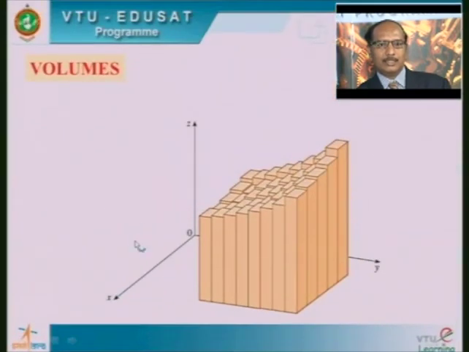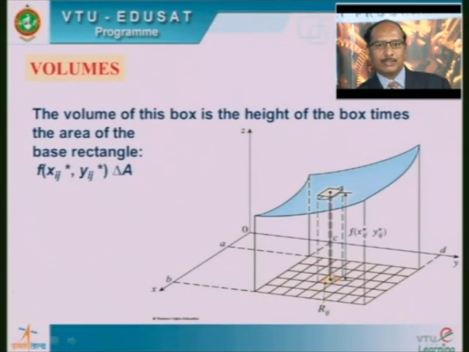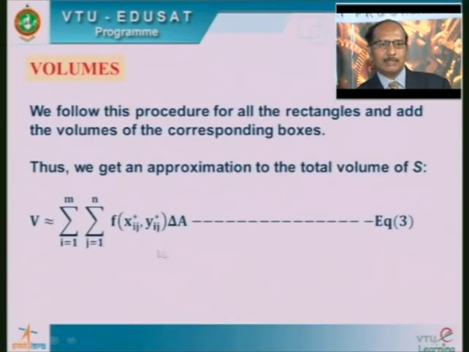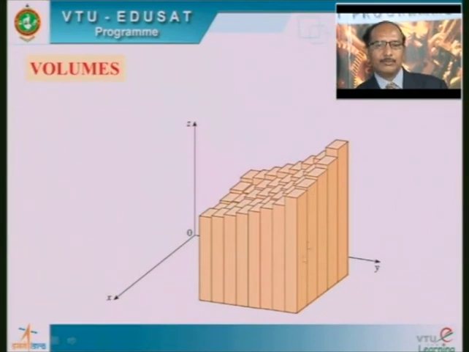Earlier, this gave the approximation, not the exact volume, because we added a finite number of rectangular boxes. You may get maybe 100 rectangular boxes here. That is not sufficient. V is approximated by the volumes of all the rectangular boxes. If you increase these boxes to an infinite number, that looks like the total volume.